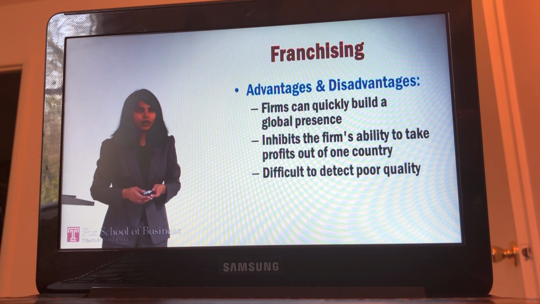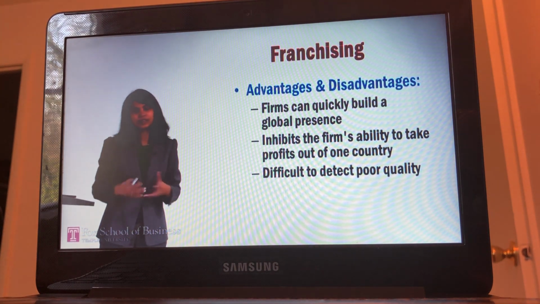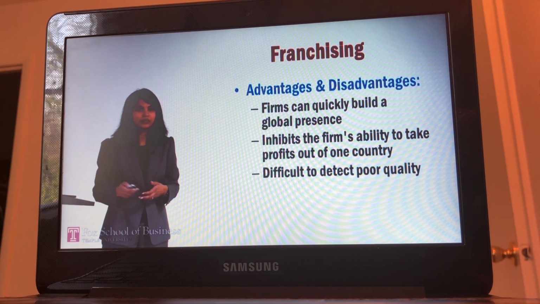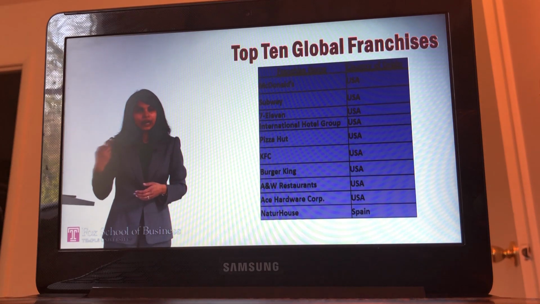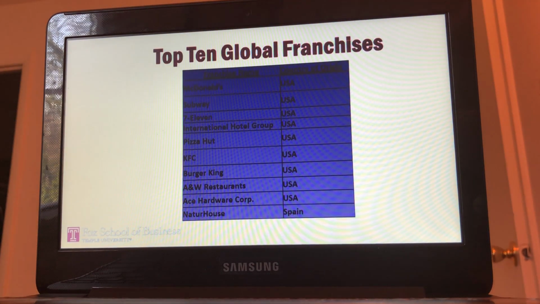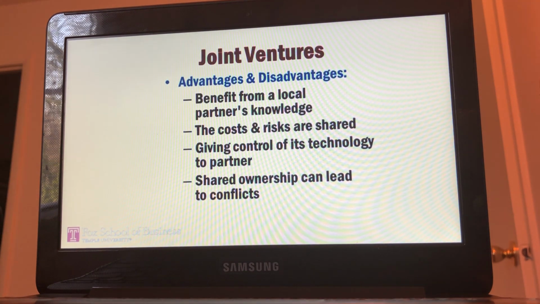So this is one way of firms using a combination of franchising with either joint ventures or wholly owned subsidiaries to make things work. And this is a list of what we call the top 10 global franchises. As you can see, 9 of the top 10 are from the US. Topmost is your McDonald's, Subway, 7-Eleven, and so on and so forth.